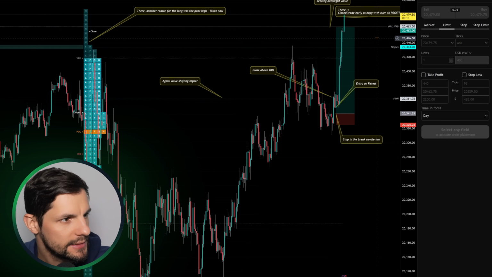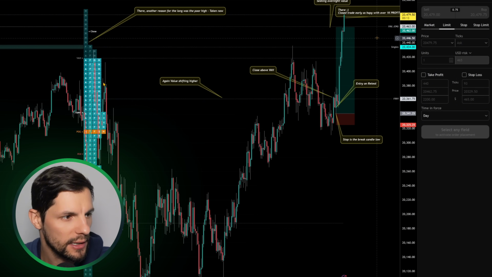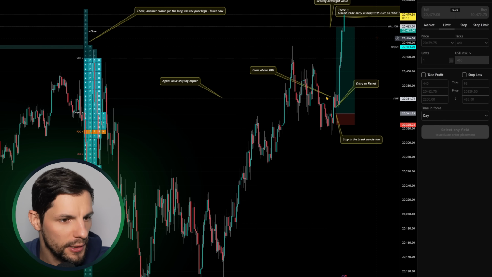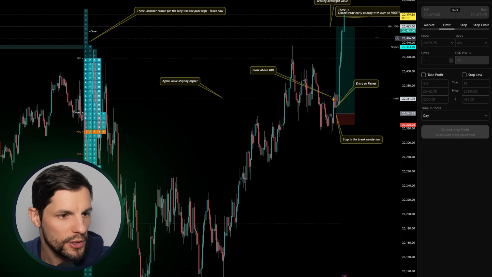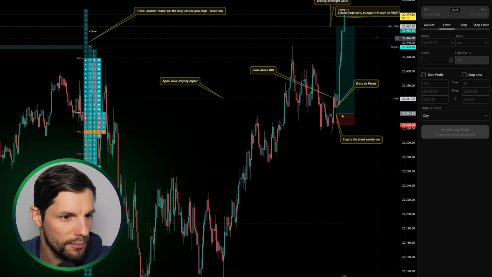So again, market profile showing the importance of following and going with value. And in this case, value was higher. We took that trade higher with minimum risk on this trade. And this is why market profile is an incredible tool for traders.